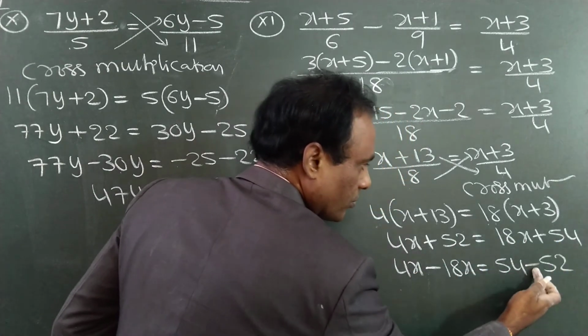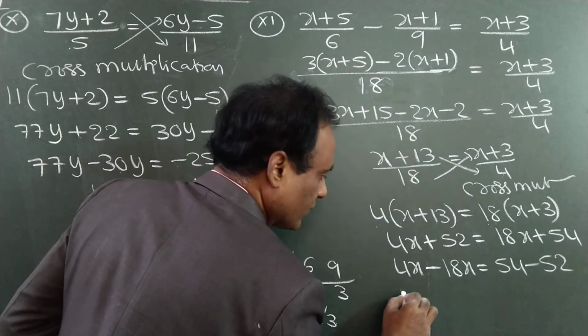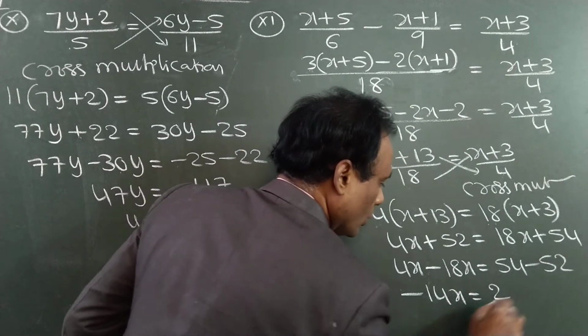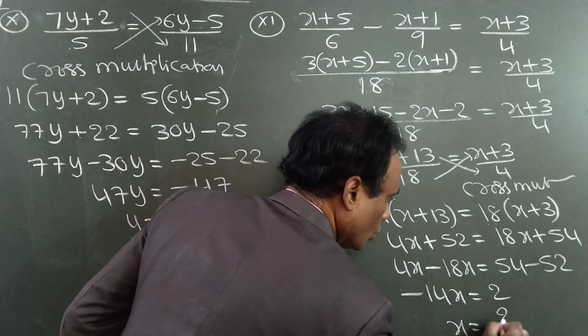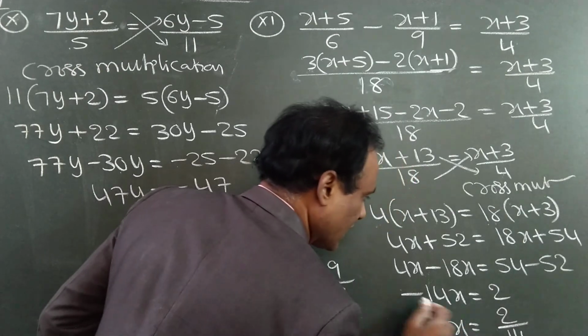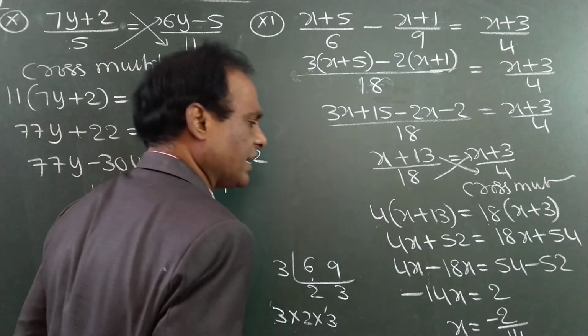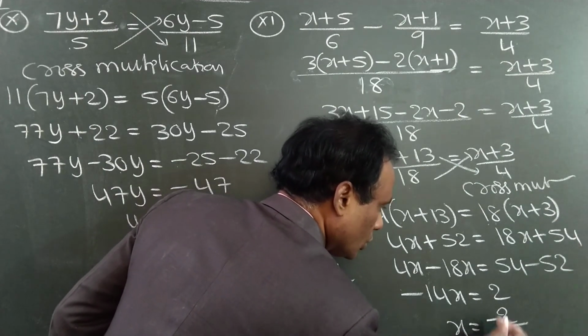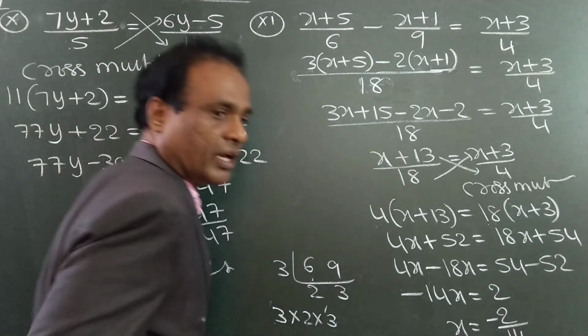That gives minus 14x equals 2. So x is equal to 2 by 14, with the minus. 2 sevens are 14, so the answer is minus 1 by 7.